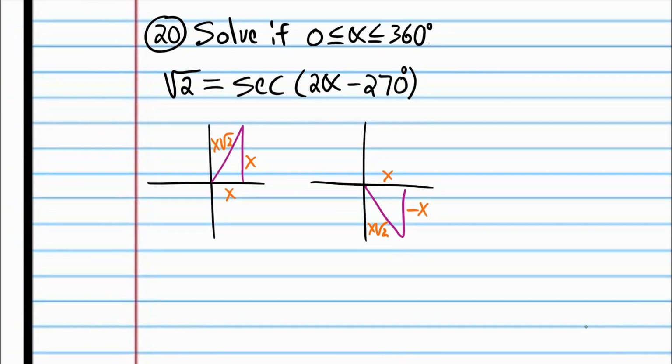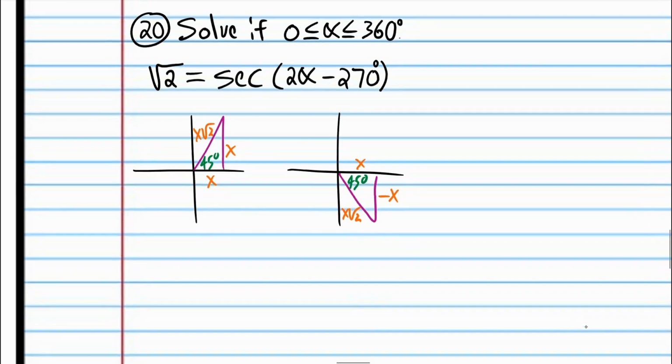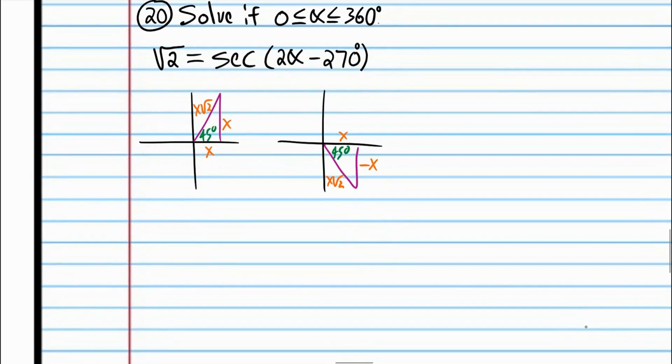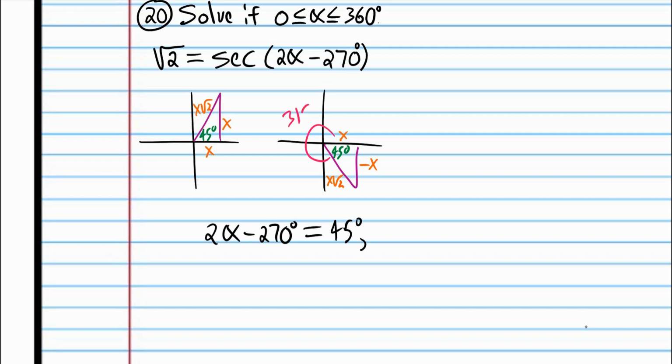And the reference angle, of course, is 45 degrees. So 2 alpha minus 270 can be equal to 45 degrees, and this angle here is 315 degrees.